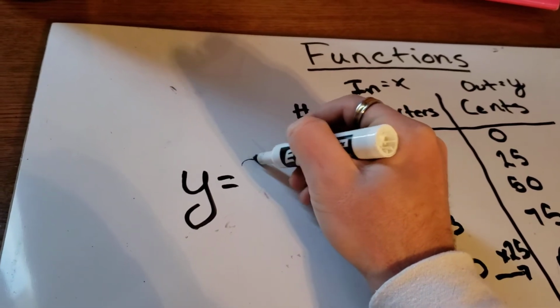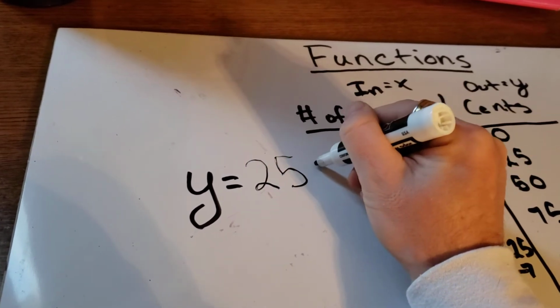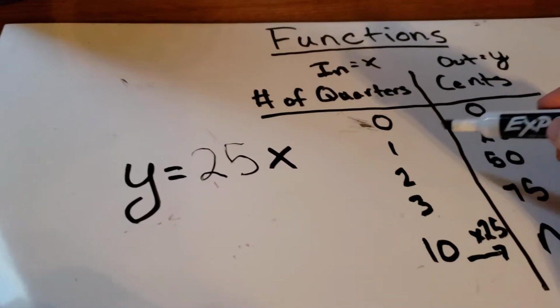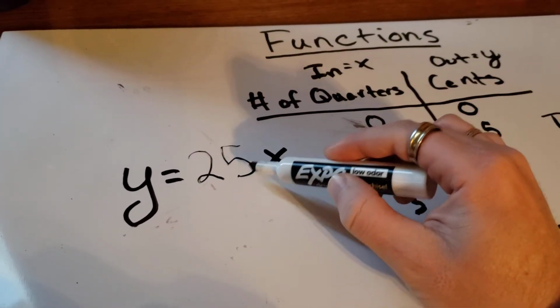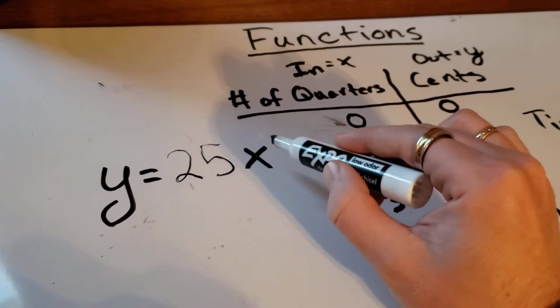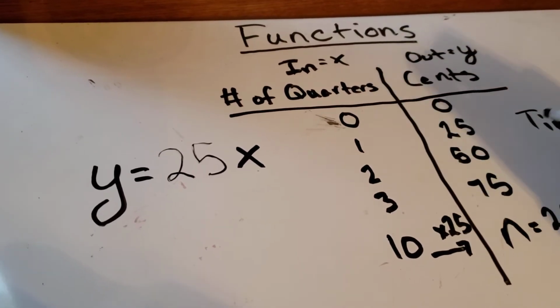So our function, our rule, would be y equals 25 times x. And we can plug in our different values just to prove that's true. If x is 1, 25 times 1 is our output y, which is 25. 25 times 2 is 50. 25 times 3 is 75, and so on.